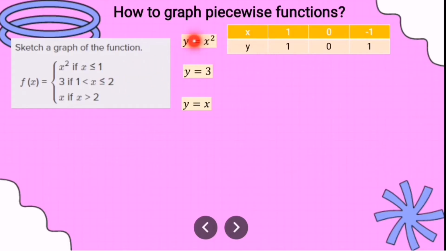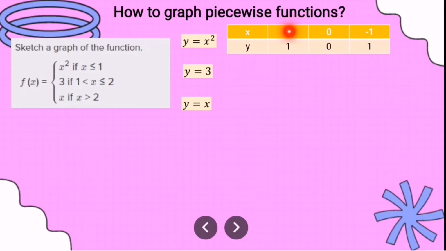So, x squared, it says x is less than or equal to positive 1. So, we're going to include positive 1 as our first point. We also need to include a number that is less than or equal to positive 1, and that is 0 and negative 1. You can add more here, but we are going to use 3 points only.